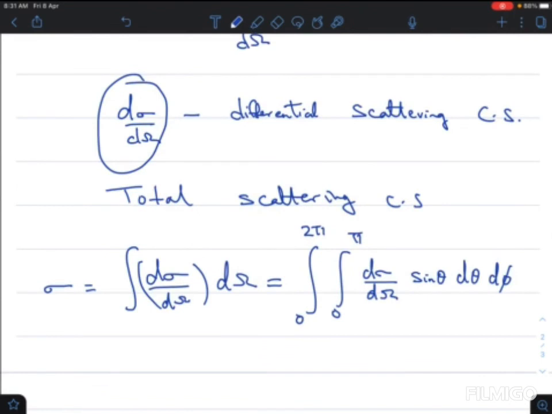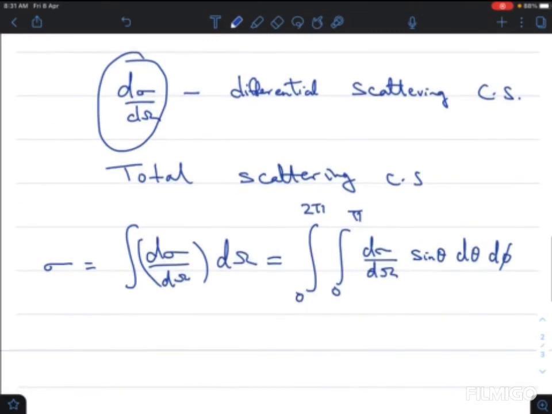Always in our theory we consider d sigma by d omega to be independent of phi. So phi becomes a constant, and then you can write sigma is equal to the integral of d sigma by d omega, where phi goes from 0 to 2 pi, so you have the 2 pi term here, sin theta d theta.